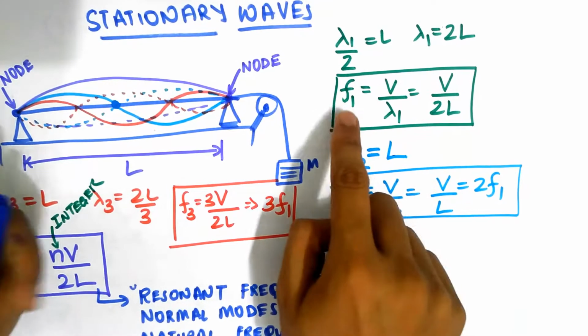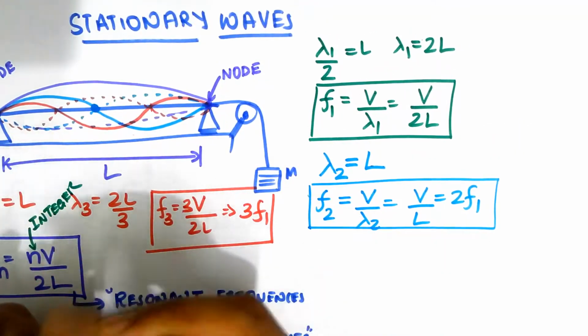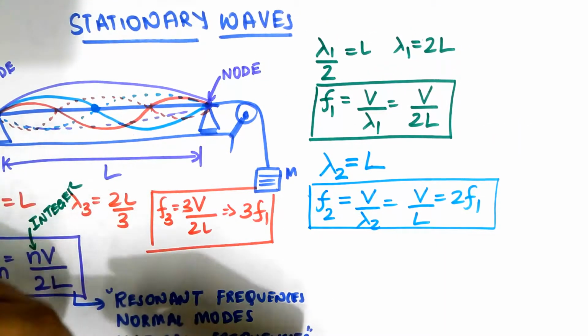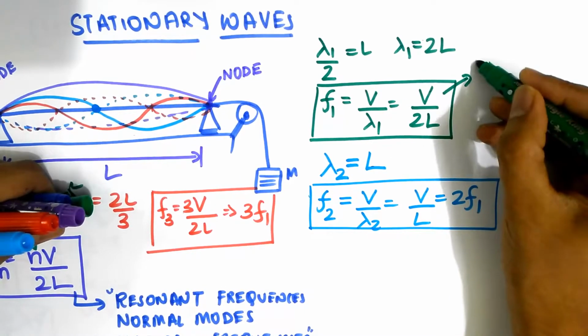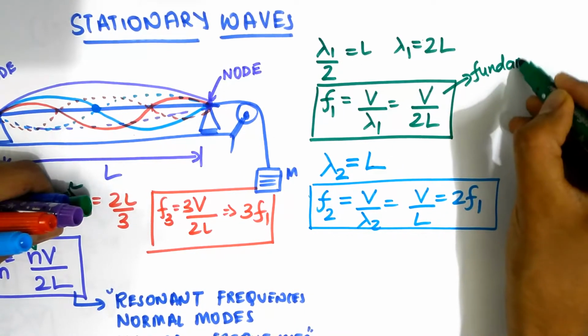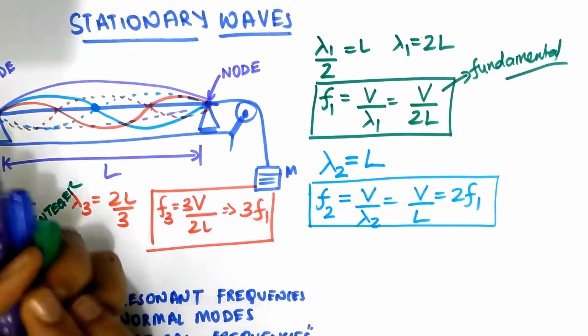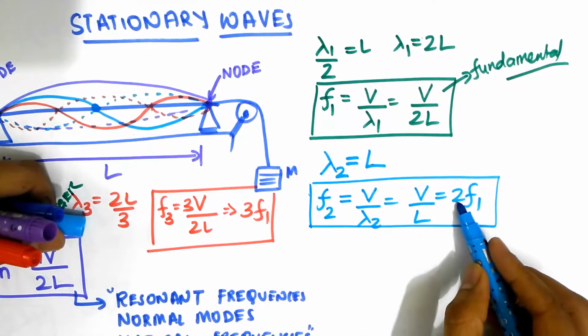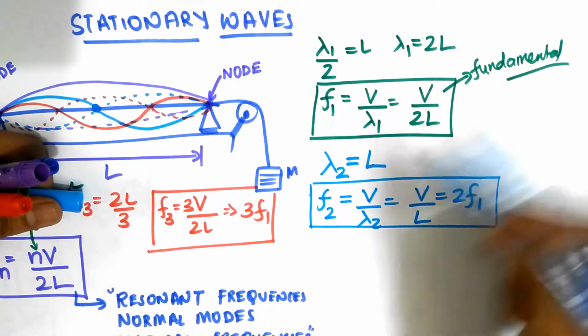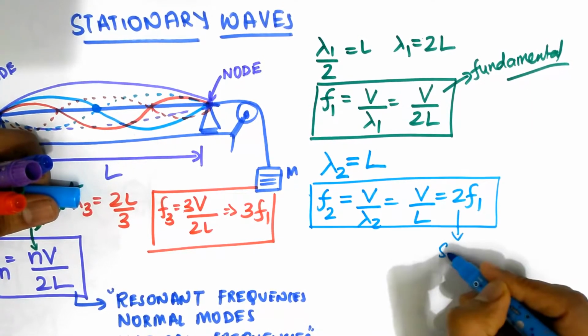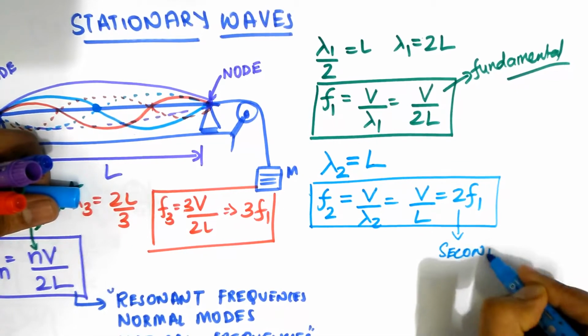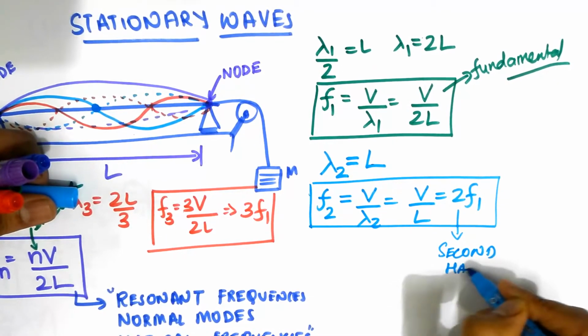Anyways, we also give names to these individual ones. The smallest frequency that you can have, that guy is called the fundamental mode or the fundamental frequency. This guy is the fundamental. This guy is called a harmonic. Since it's 2 times more than the fundamental frequency, it's called a second harmonic.